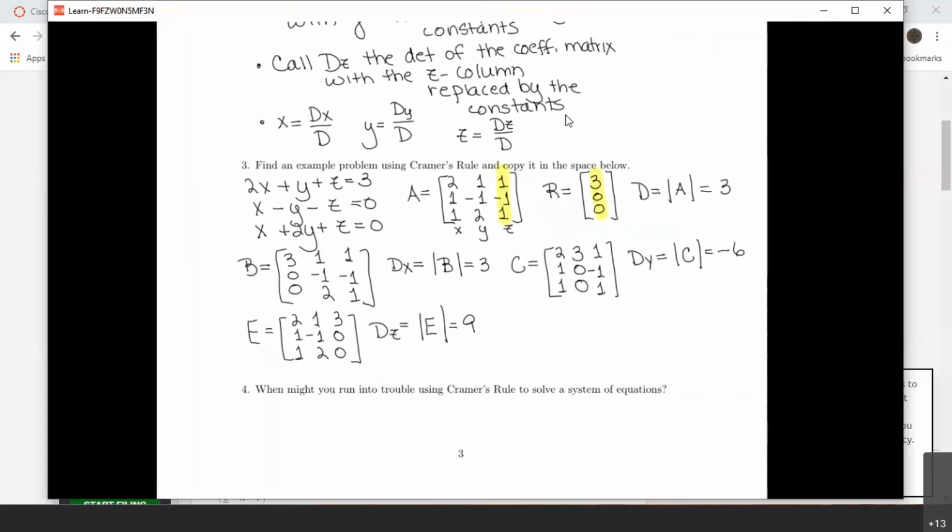So it would be real easy to just solve for one variable. You wouldn't need to do all of this. Okay? So let's take a look at what that would be.